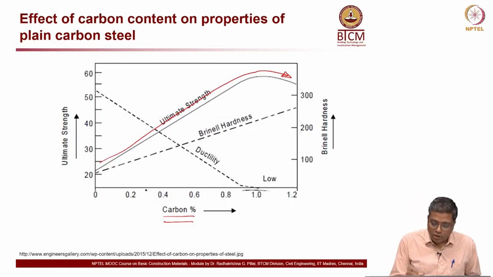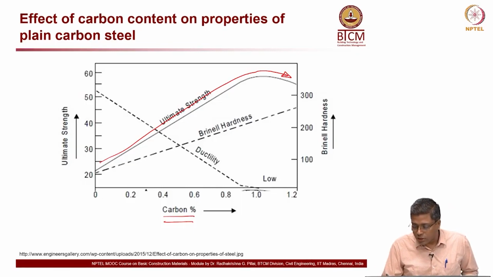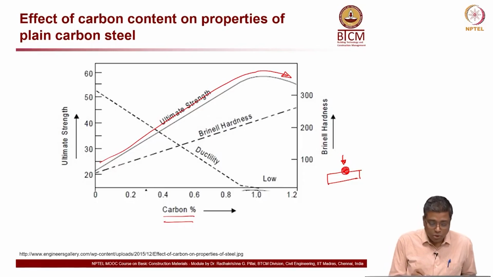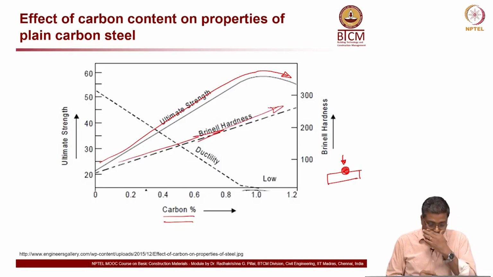Now, if you talk about hardness, Brinell hardness is discussed here, where you have a spherical ball indentation, and you apply a force on a plate and then look at the indentation diameter, and so on. You can read more about that in textbooks, but what you notice here is that as the carbon content increases, the hardness also keeps on increasing.